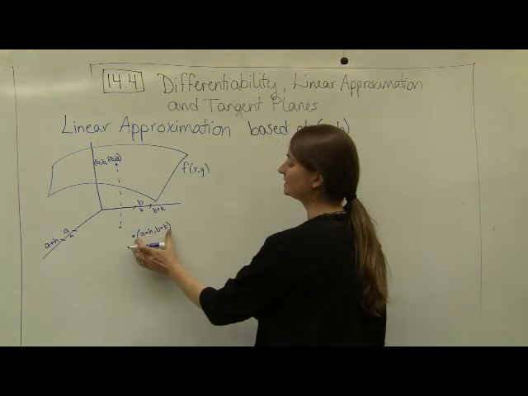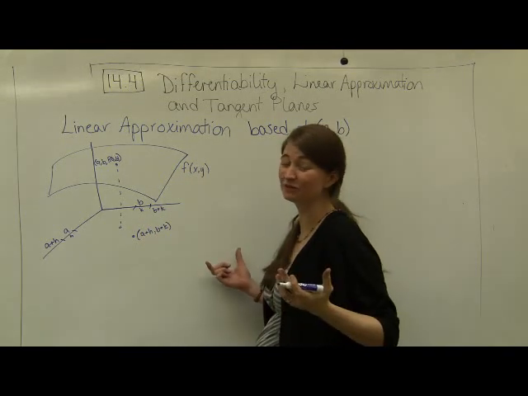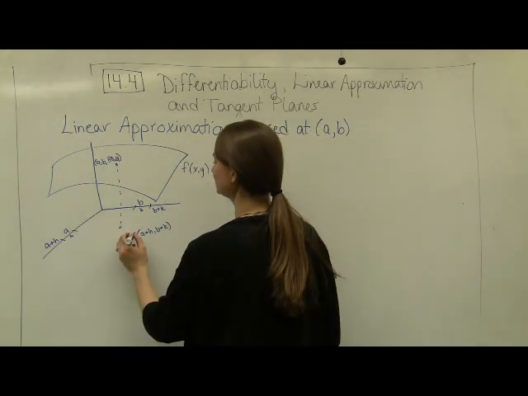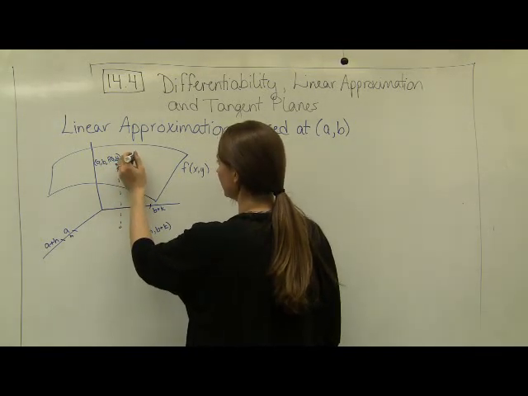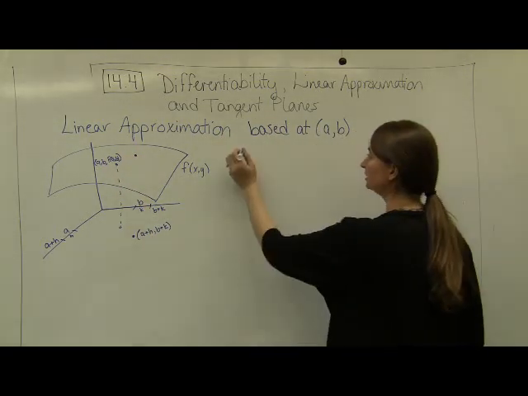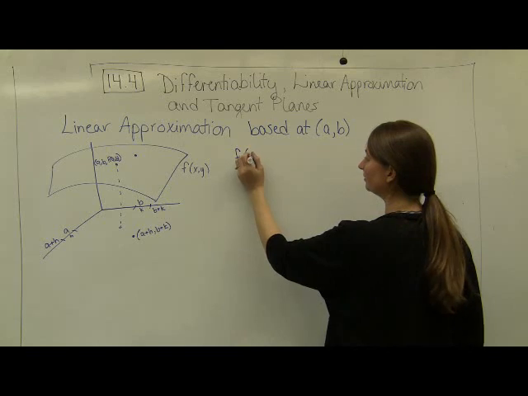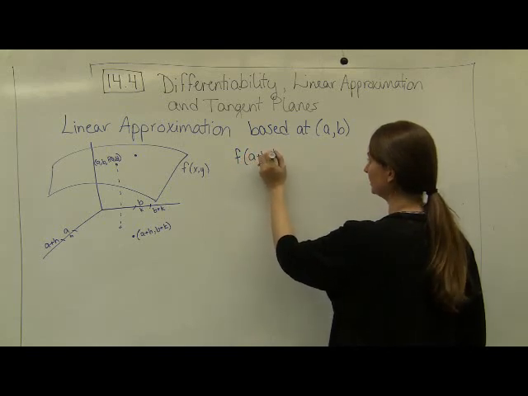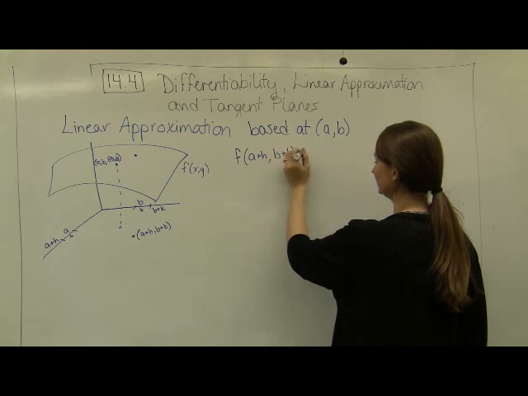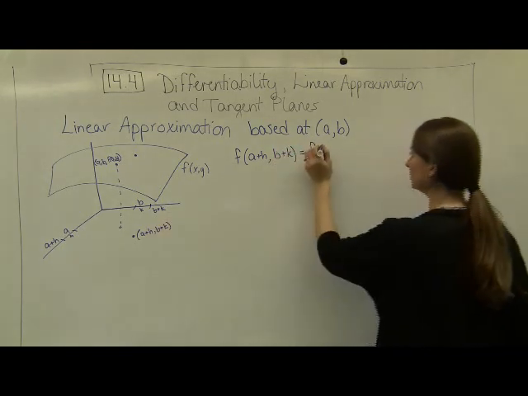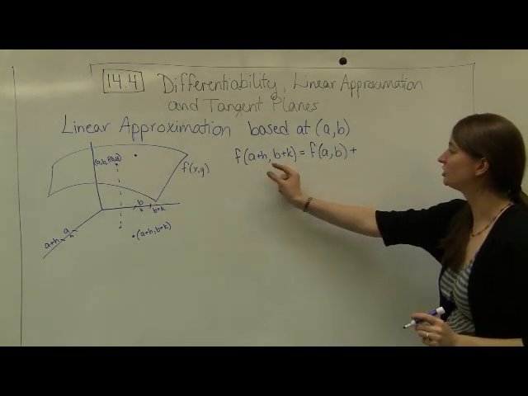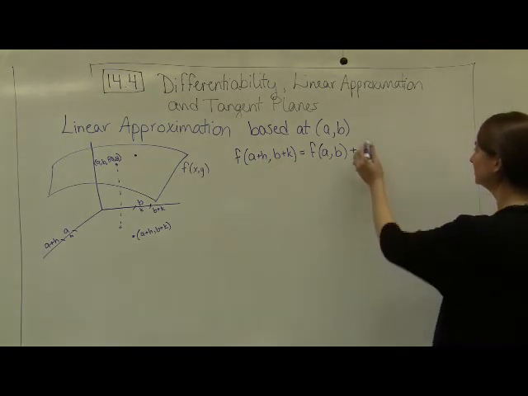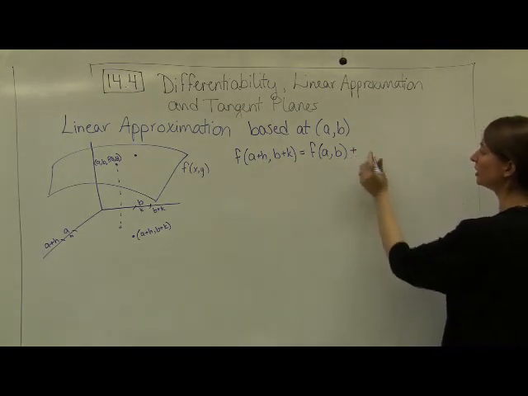And instead of evaluating this point in my original function, which might be really messy, it might be nice to approximate its functional value by plugging it into our linear approximation function. So in general, we say that f(a plus h, b plus k) is equal to our function value at the actual point (a, b), plus our change in x value times whatever our partial derivative with respect to x is.